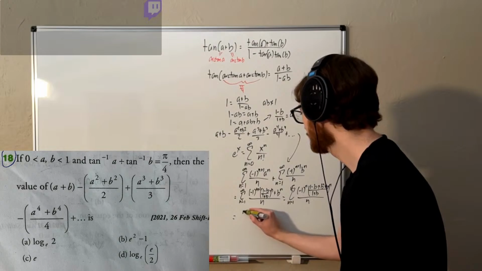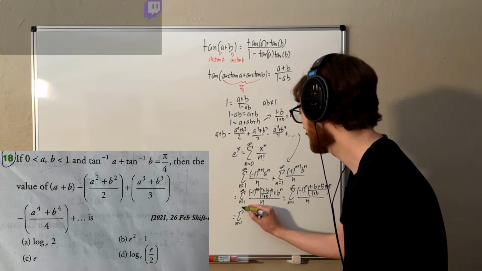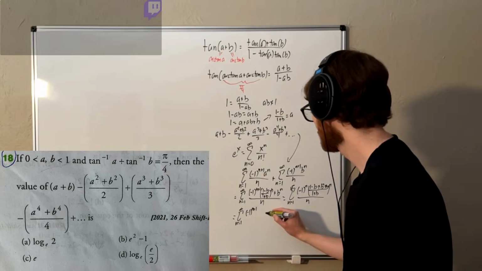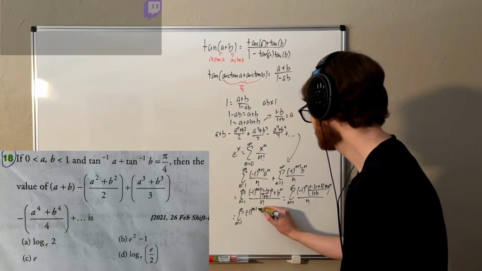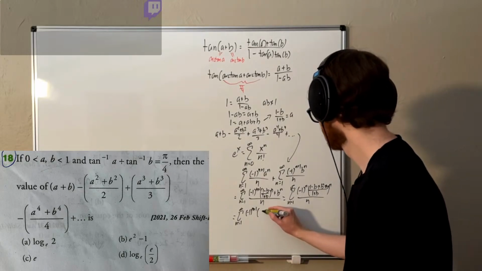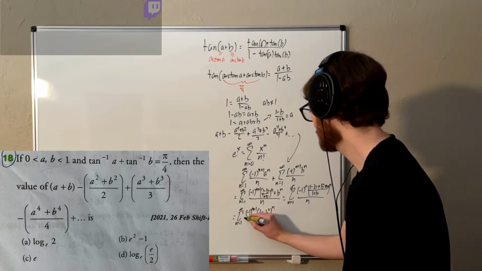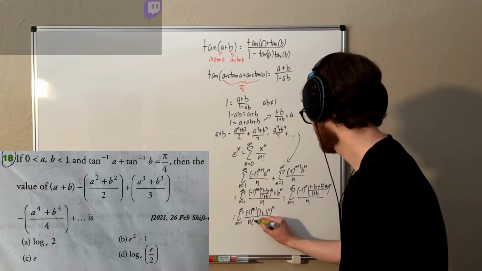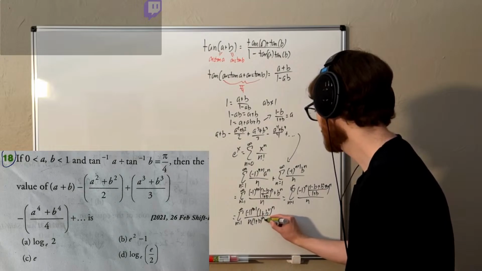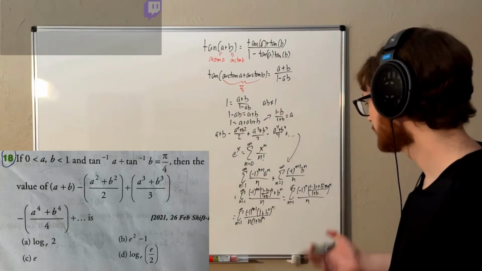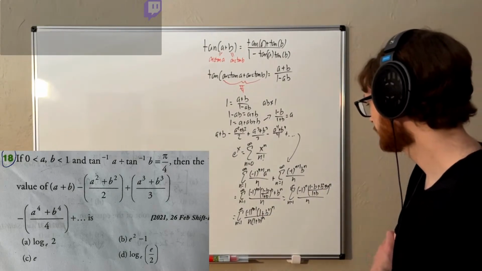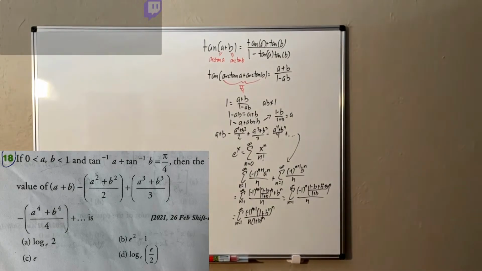So I could be completely going off the rails here, but we end up with just 1 plus b squared to the n over n times 1 plus b to the n. I don't know if that really helps.